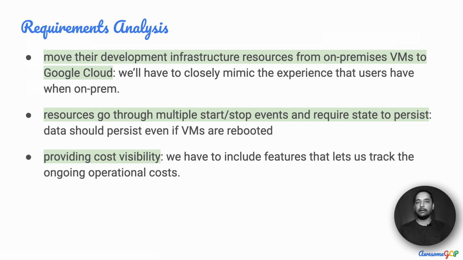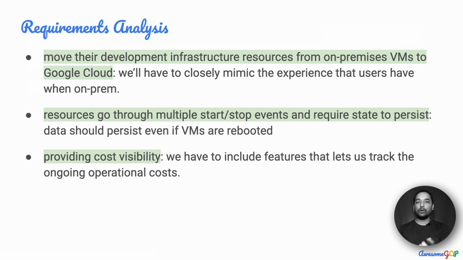We can't have extremely different choices. We also know that these resources are going to go through multiple start-stop events, and between a restart, what existed before in terms of data should be available again after the machines are rebooted. So there has to be persistent, durable data.